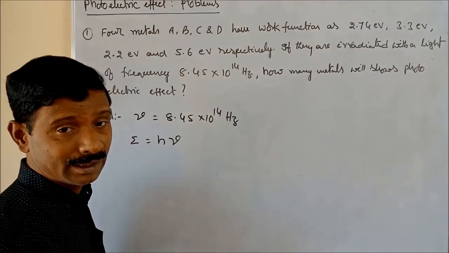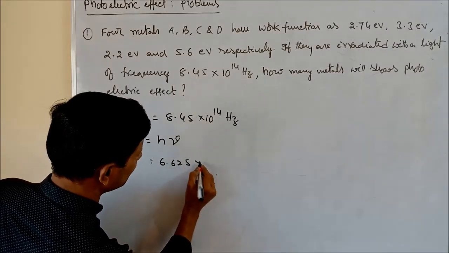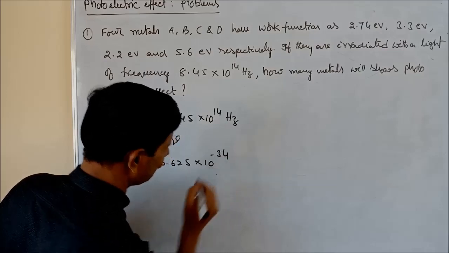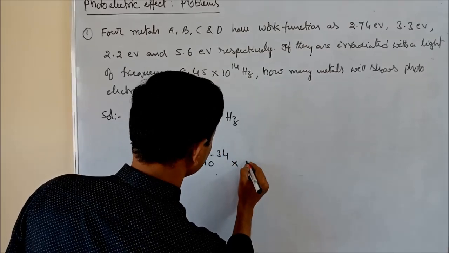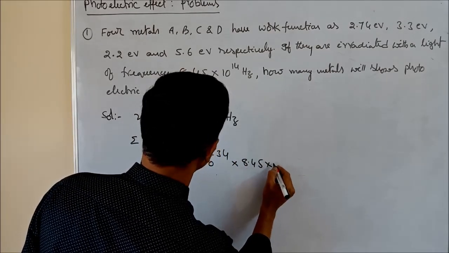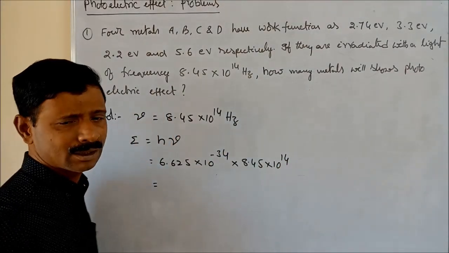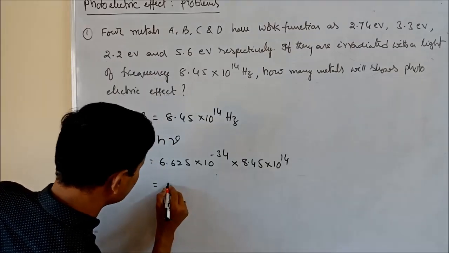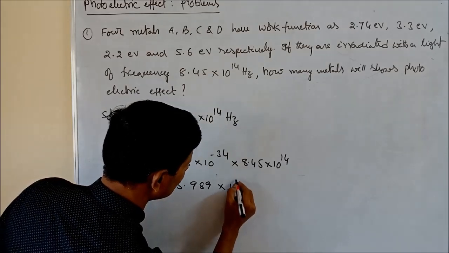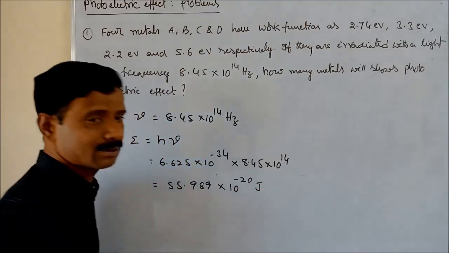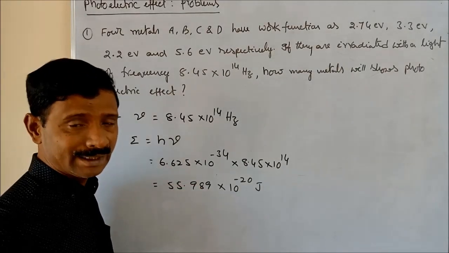First we calculate the energy in joules: 6.625 × 10^-34 joule second, that is the h value, into the frequency 8.45 × 10^14. On multiplication, it is going to be 55.989 × 10^-20 joules. That is the energy of the incident light.